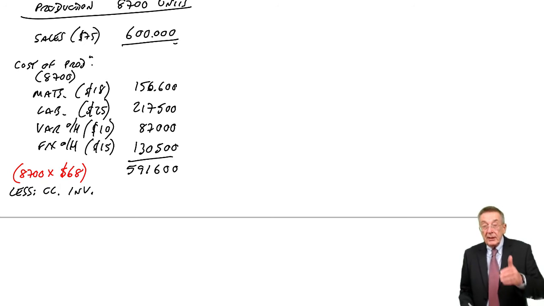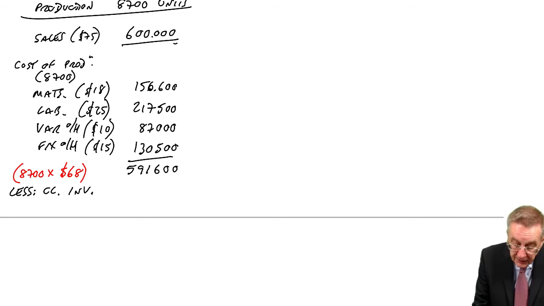They produced 8,700, they're selling 8,000, so the closing inventory is 700 units.